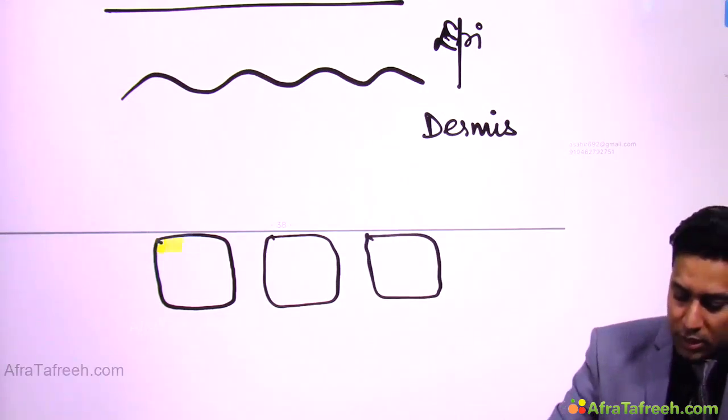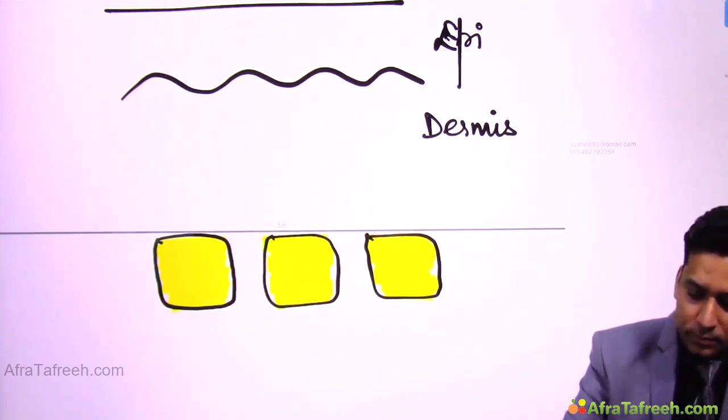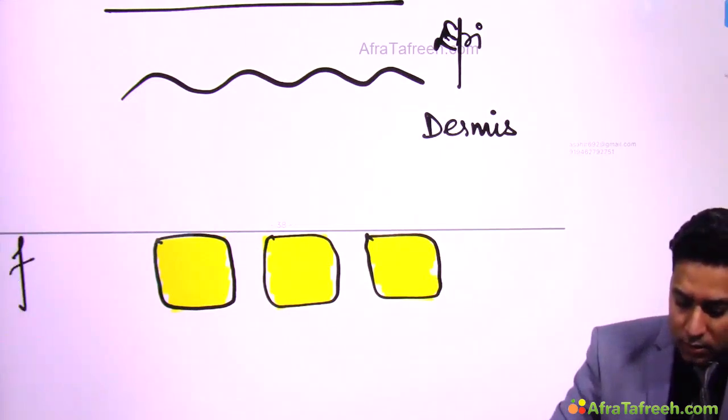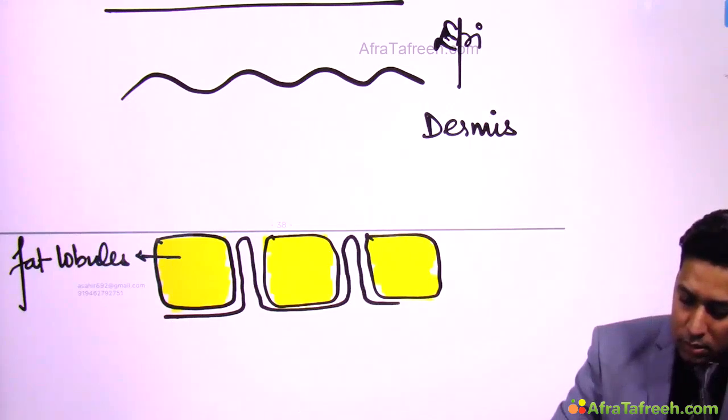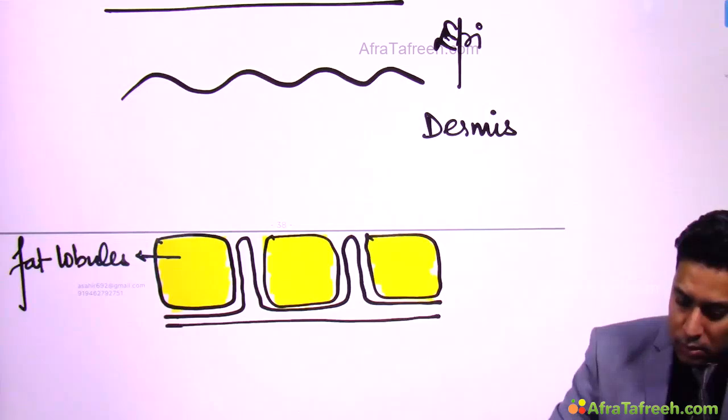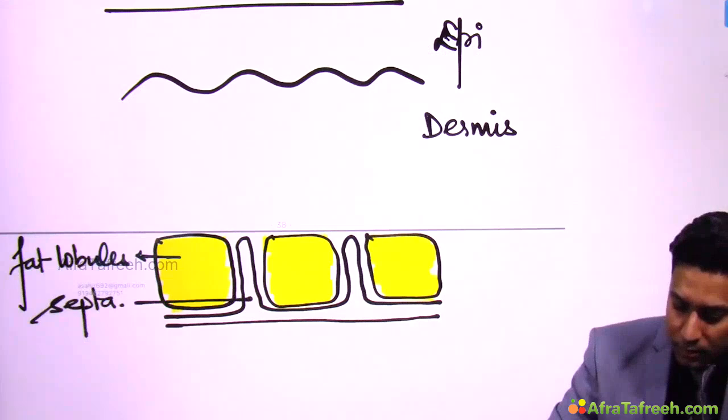In this subcutaneous layer, you will find these lobules which are having a lot of fat. So these are fat lobules. And they are separated via septa.